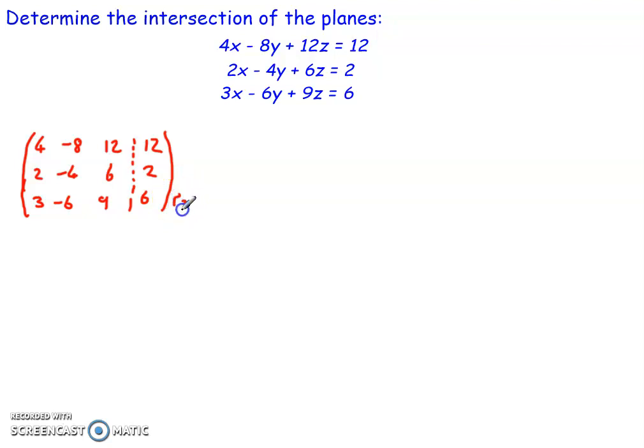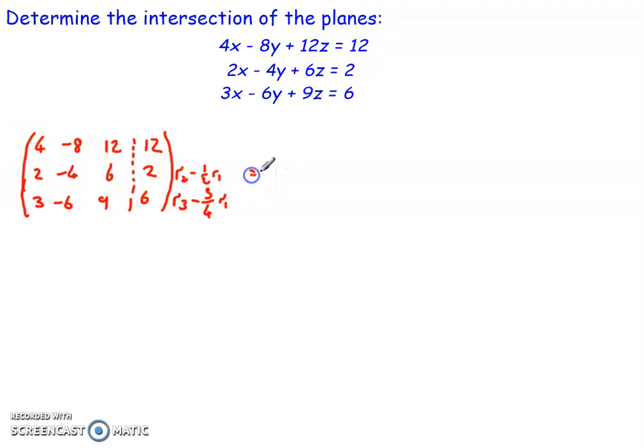Now if I do row 3 take away 3/4 of row 1, every element in row 1 is divisible by 4, so this is not going to give me fractions. It'll all be nice whole numbers. I can similarly do the same thing here. If I do row 2 take away half of row 1, it's the same idea. It will still be whole numbers because they're all even.